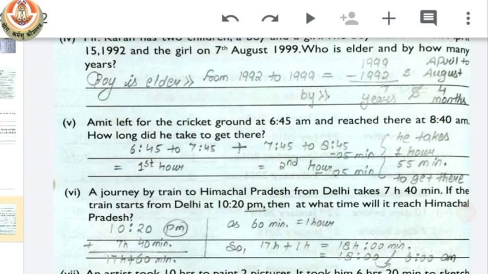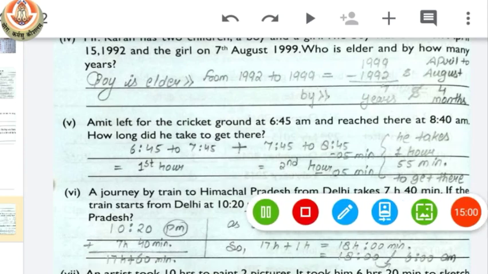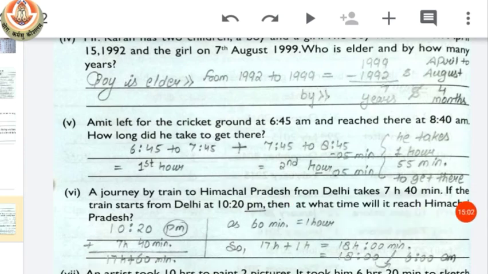Now the next question is: a journey by train to Himachal Pradesh from Delhi takes 7 hours 40 minutes. If the train starts from Delhi at 10:20 p.m., we have to answer at what time it will reach Himachal Pradesh.